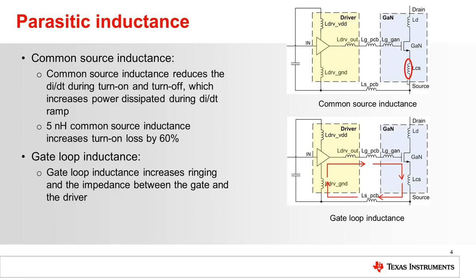As the common source inductance is getting larger, the gate drive voltage and current could be significantly reduced. This will result in slower switching, which increases the power dissipation. As an example, 5 nanohenry of common source inductance increases the turn-on loss by 60%.